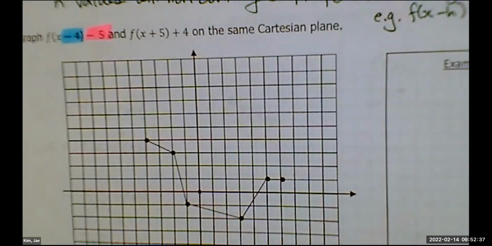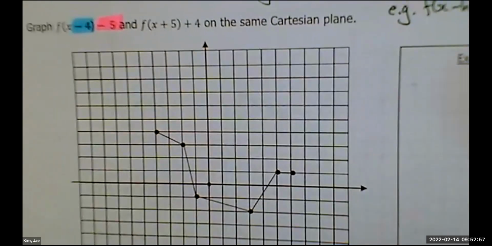And so what would the final look like? I highly recommend, I'm going to ask you this later on anyways, do each step individually. So start with the minus 4. What does minus 4 mean? Then do the minus 5 after you've drawn it. You'll see how I do it in a second. I'll give you a minute.